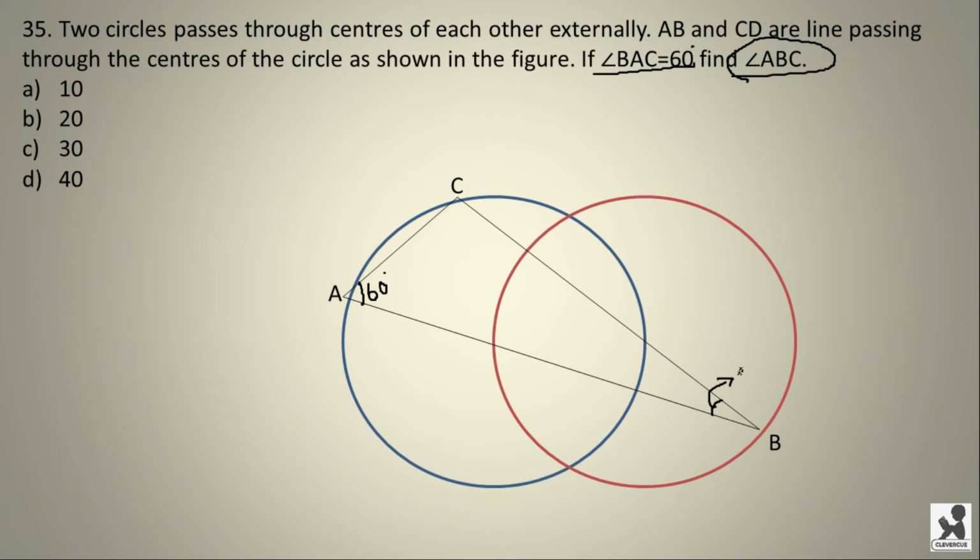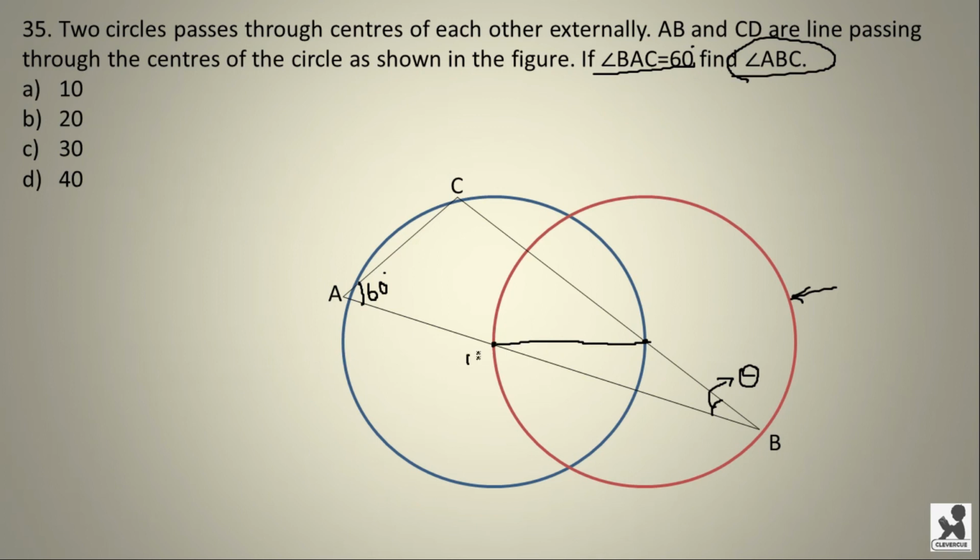So let us name this angle as theta. Now we have seen that this point is the center of this blue circle, and this point is the center of this circle. Now let us join the centers. This is the radius of both the circles.